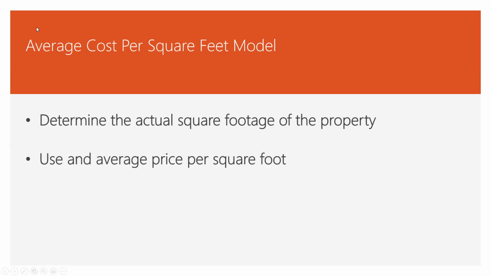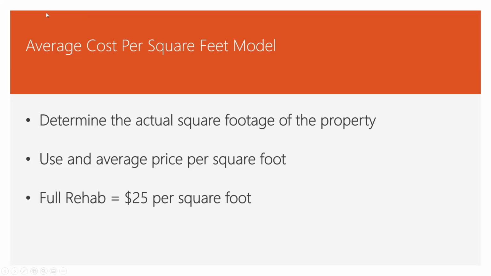Then I use an average price per square foot to figure out what the total rehab cost is going to be. Let's say the average cost of a full rehab, where I have to do everything inside, outside, up, down, all the way through, is $25 a square foot.